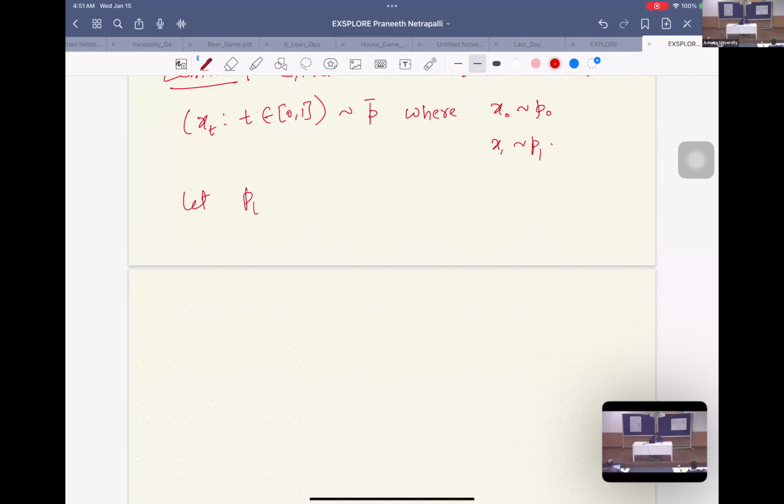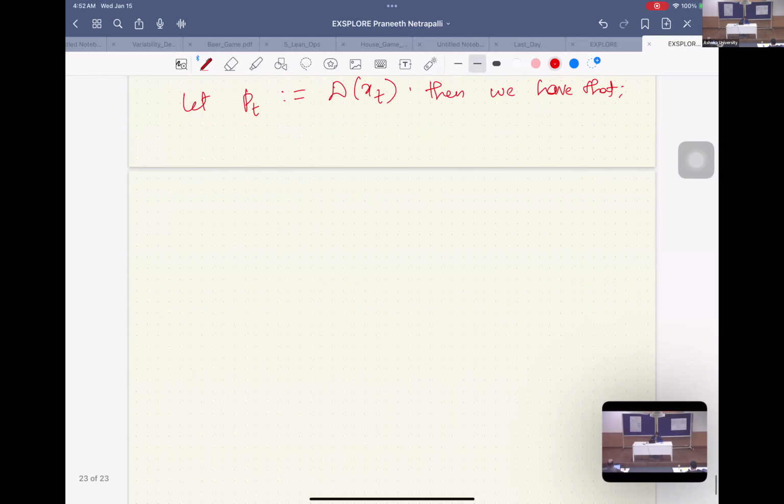Let pt denote the distribution of xt. Then we have the following. del t pt, which is the probability evolution, is given by minus grad dot expected value of xt dot given xt times pt.